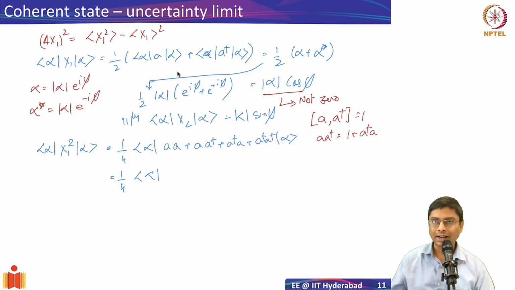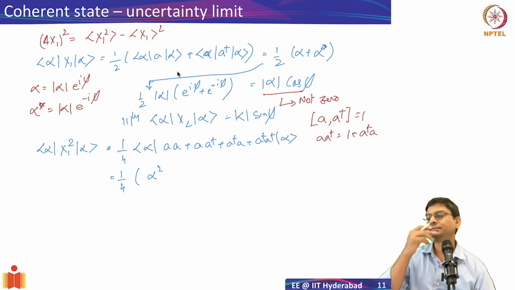So A acting twice on alpha will give me alpha square, since the inner product of alpha with itself is 1 anyway. A A dagger I said is 1 plus A dagger A, and A dagger A will give me the number of photons.